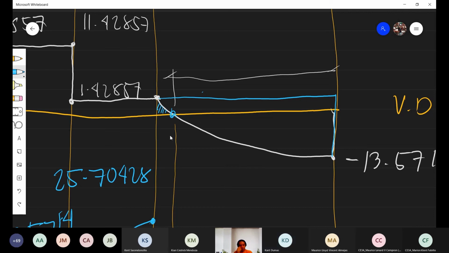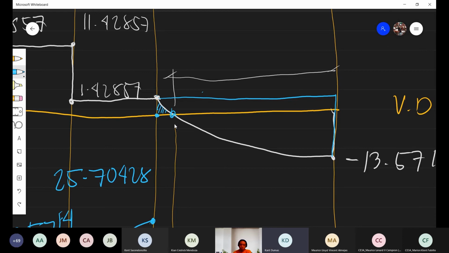Really? You mean to say that the difference between the quadrilateral and the triangle? Sir, it has endpoints, this one and this one. Yes, sir.